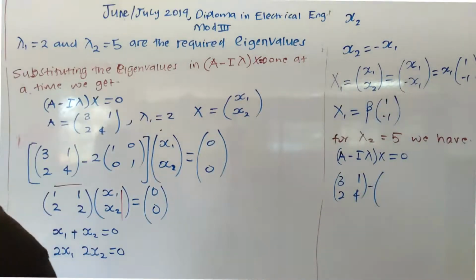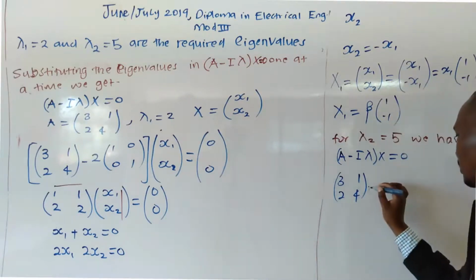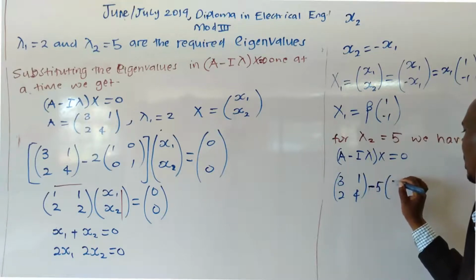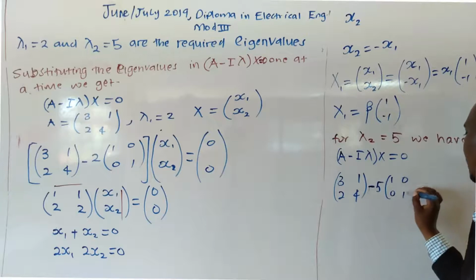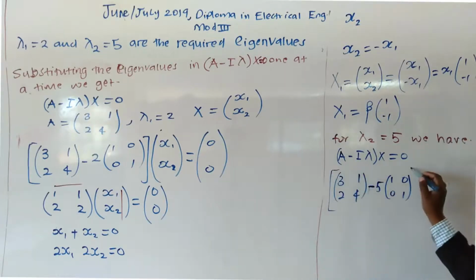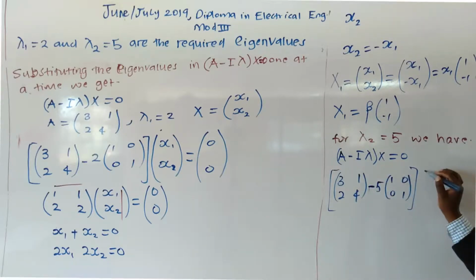We can start by writing the value of lambda. Lambda is 5. This is 1, 0, 0, 1. All this multiplied by the column vector x, which is x1, x2.